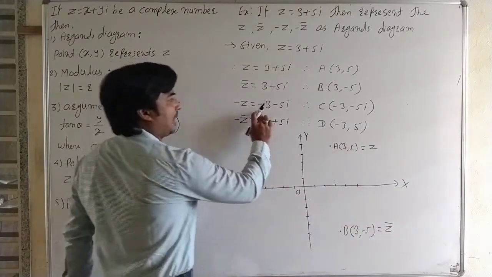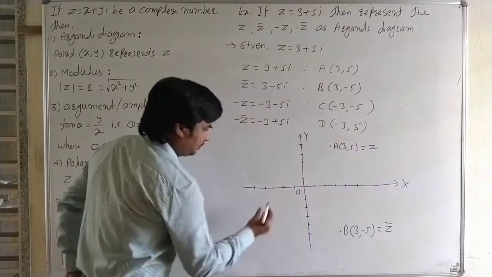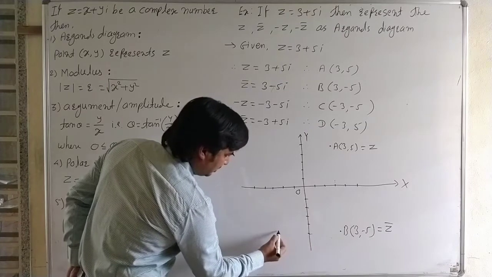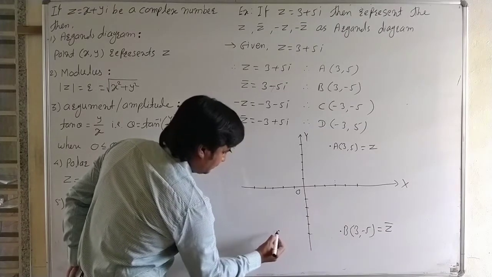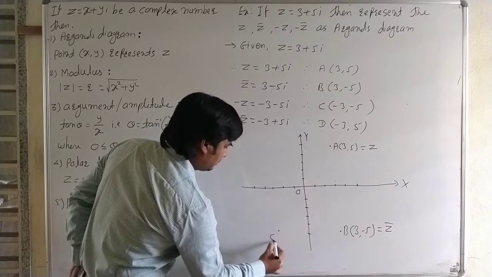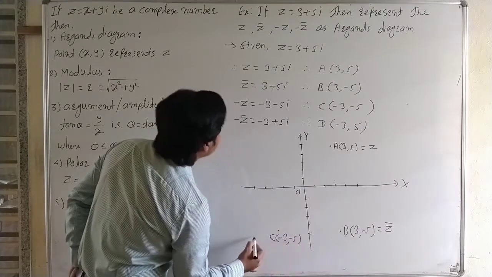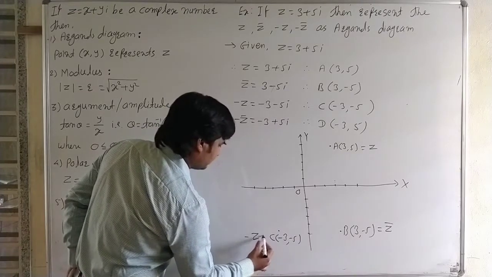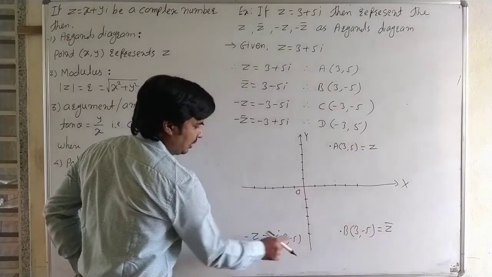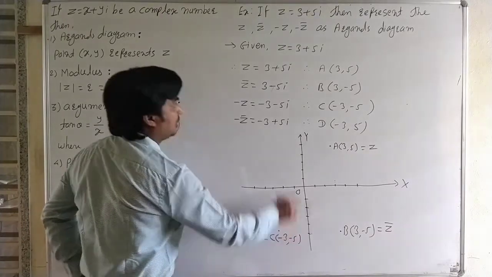Next, minus 3 and minus 5. Therefore point C is minus 3 comma minus 5. It is minus z, that is minus 3 minus 5i.